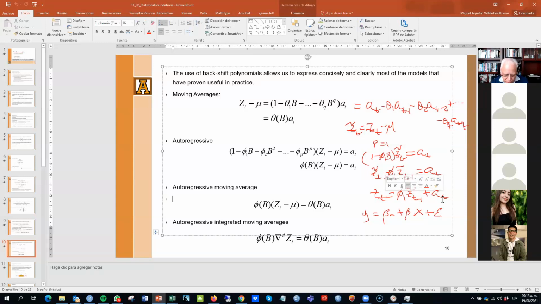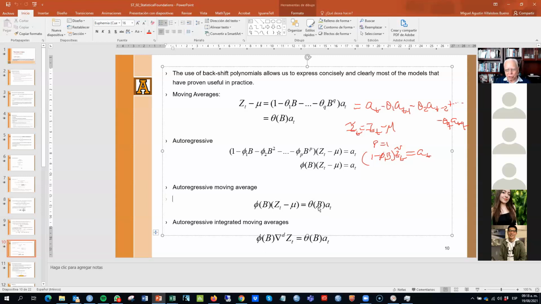So that's why it's called an autoregression. We'll go into detail on these different models. The autoregressive moving average model is when I combine both. I have an autoregressive polynomial. This will be called an autoregressive polynomial.